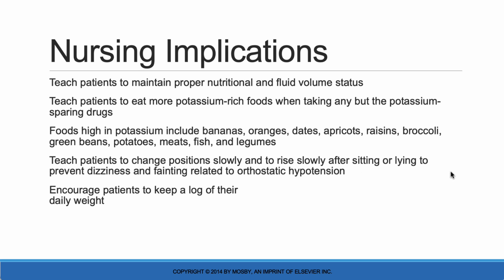And then we're going to teach patients to change positions slowly. Now, when you're 20 years old, you can go from being sound asleep to running in 3 seconds and not have any effect. But as you get older, your nervous system doesn't equilibrate as quickly. And so as people get older, already they're at a disadvantage for their blood pressure to drop.